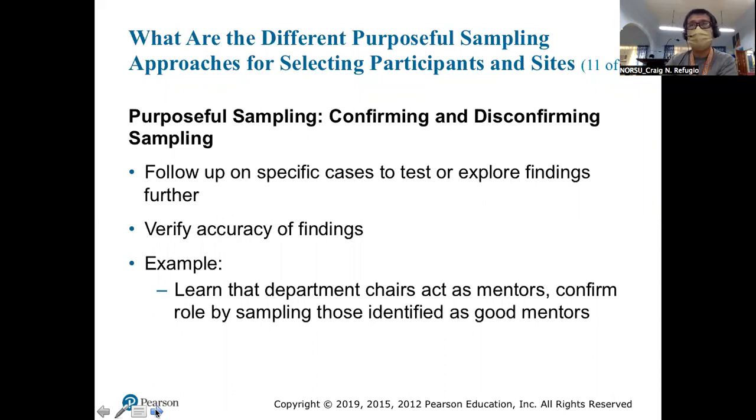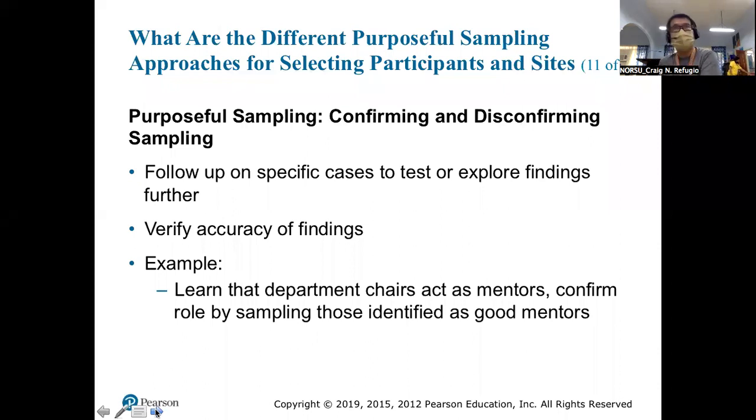If they conform to the theory, to the model, then you want further confirmation, so you go back to the respondents, the subjects, and ask why. That could be part of the second bullet, verify accuracy of findings. You got the finding already, but you need to verify the accuracy of that finding. So you go back to the target respondents, the sample units, and ask further clarifications to validate.